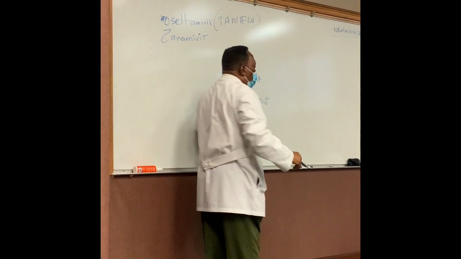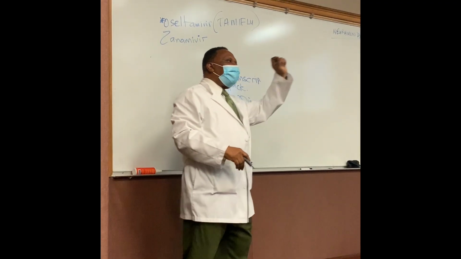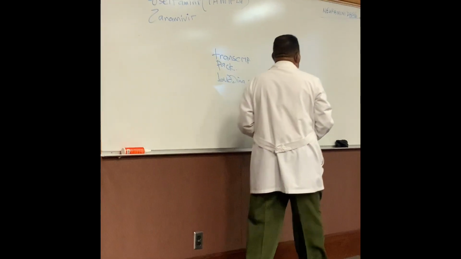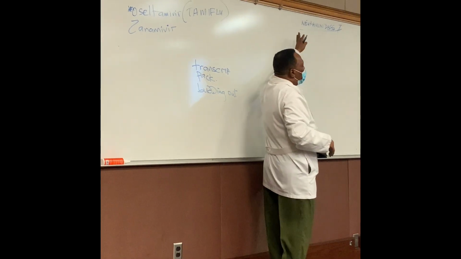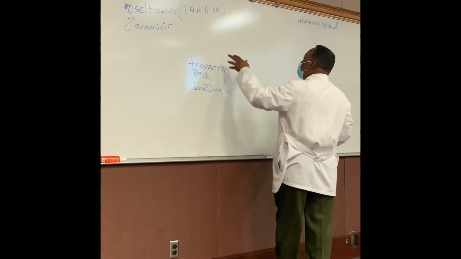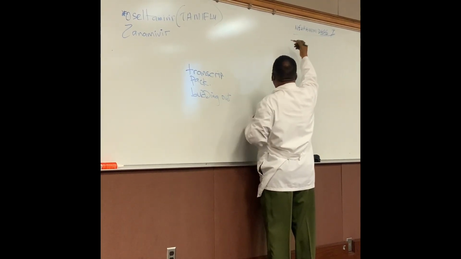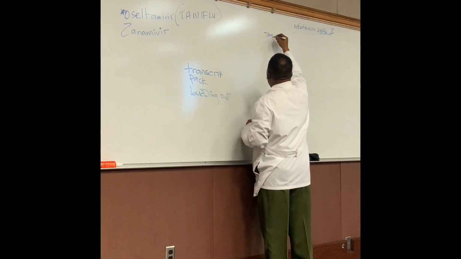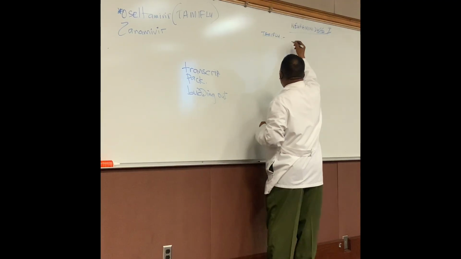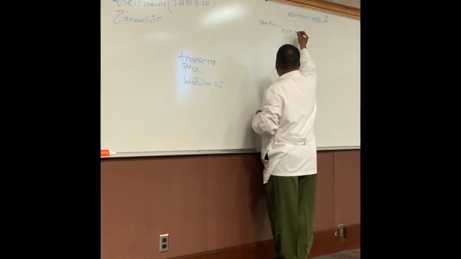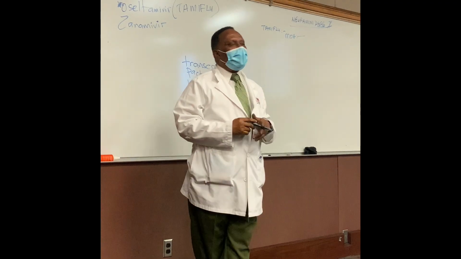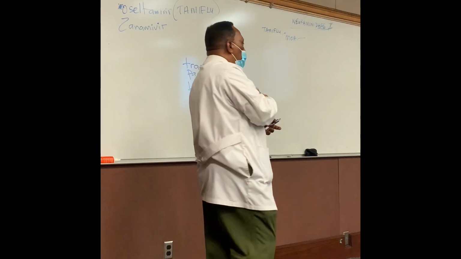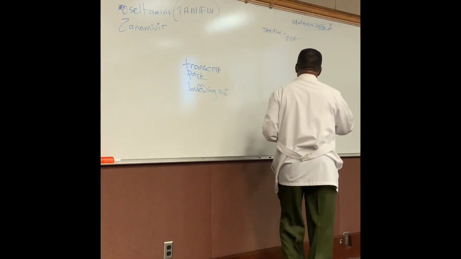Because when the virus buds out, that's when it goes to infect another cell. And all of those will then be inhibited by a neuraminidase inhibitor. So taking Tamiflu as the representative, we know the mechanism of action. We will simply inhibit neuraminidase and thereby inhibit all those processes in the virus that we talked about.